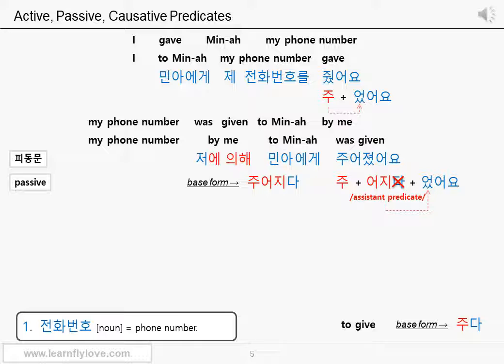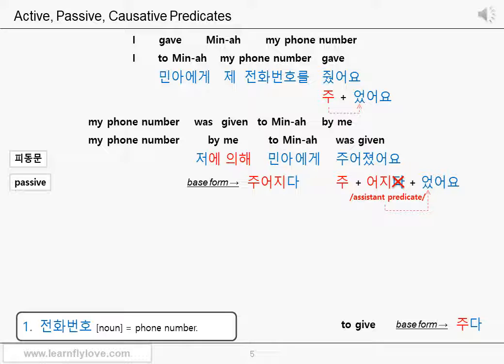Not always, in many cases. However, if you always use this 에 의해 in the passive sentence, it will definitely sound like a foreigner. So we recommend you use this 에 의해 when it's required actually. This is where it is required actually.